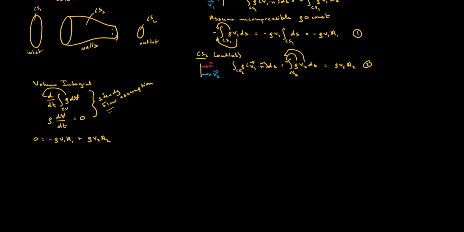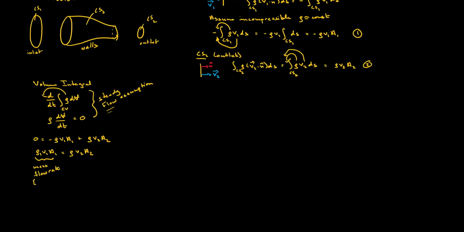So we'll take a pause here. Well, first let's just rearrange it. So we have rho V1 A1 is equal to rho V2 A2. If you work out the units, you'll see that rho V A, which you'll encounter throughout your control volume analysis study, is called a mass flow rate.